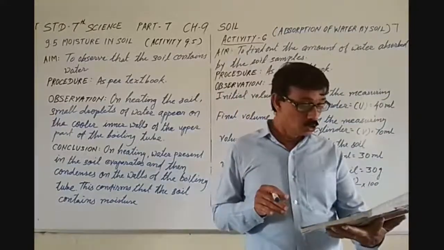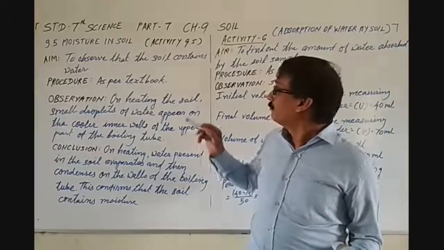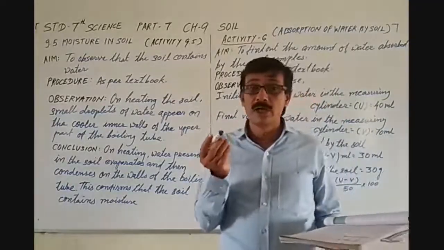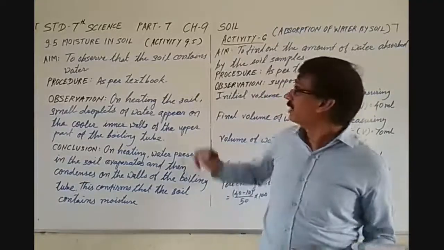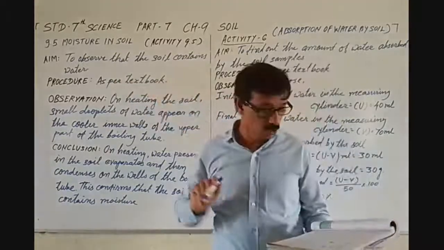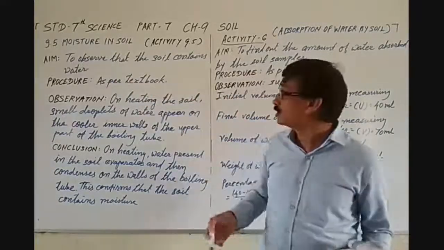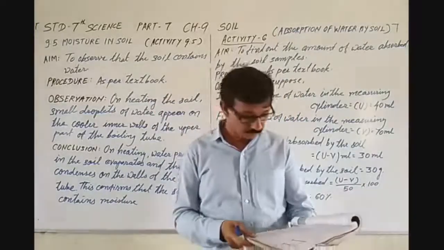Okay, so let's find out whether the soil contains moisture in it or not. For that, the aim of activity 5 is to observe that soil contains water. And now let's go for the procedure. Procedure is as per the textbook.